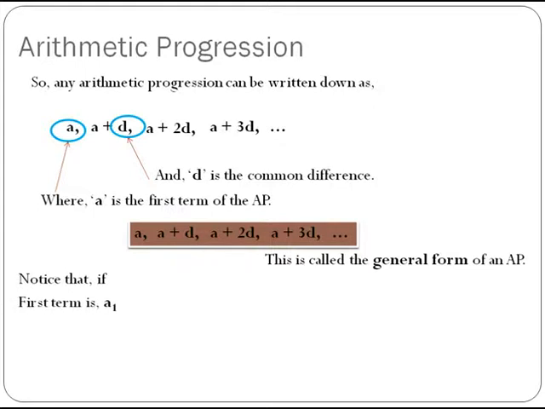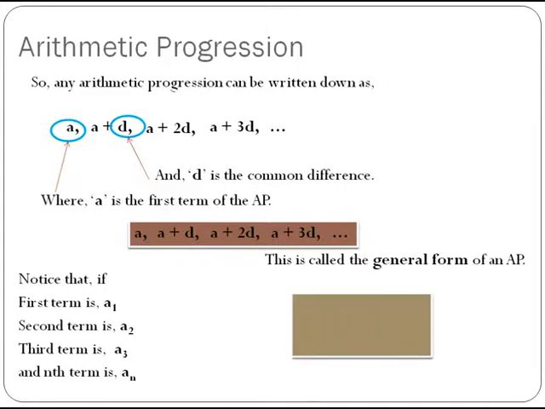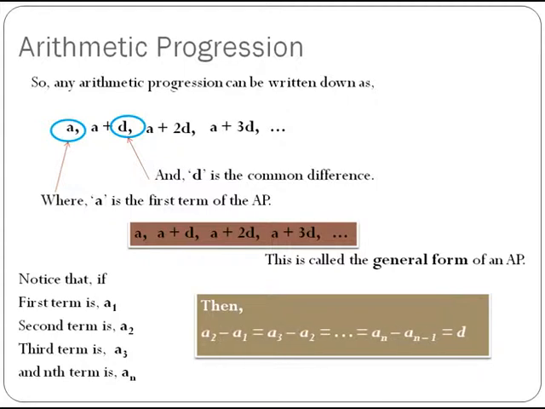Notice that if the first term is a1, the second term is a2, the third term is a3 and the nth term is an, then a2 minus a1 is equal to a3 minus a2, and so on, is equal to an minus a(n minus 1).